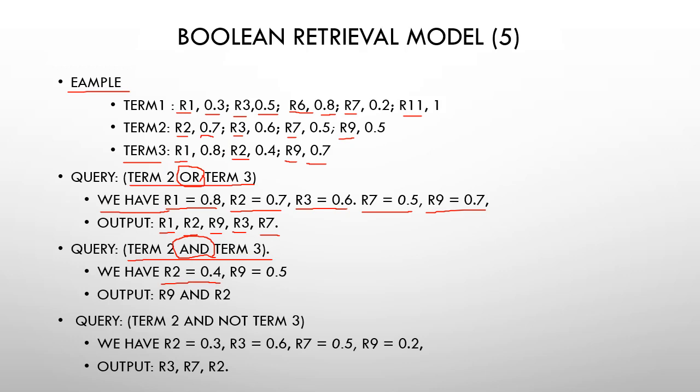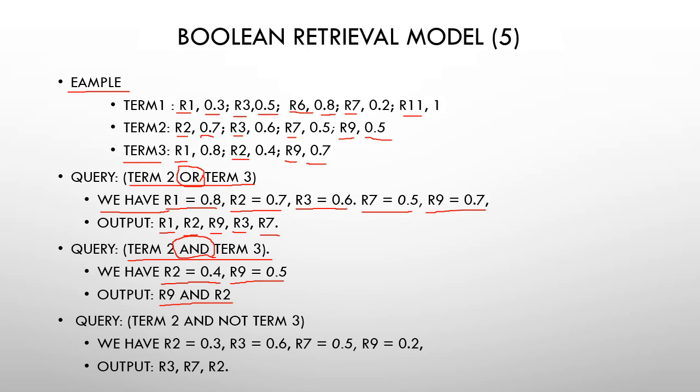The other document would be document number 9, and the weights are 0.5 and 0.7. So we record only the lower weight, which is 0.5. And so the output of the query is record number 9, comma, it should be comma, not AND, record number 9 followed by record number 2, or document number 9 followed by document number 2.